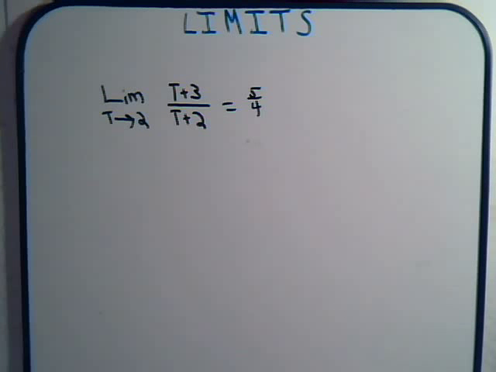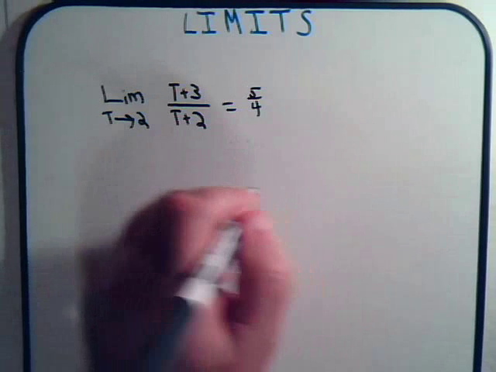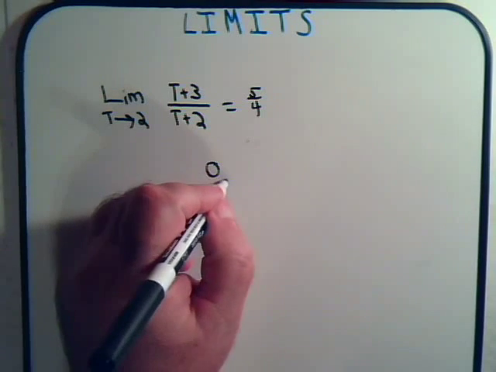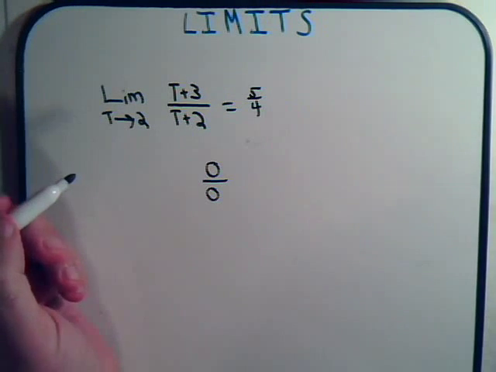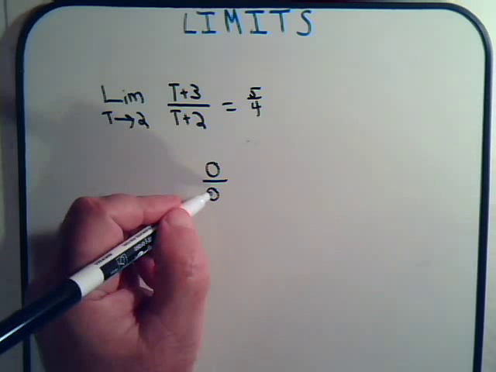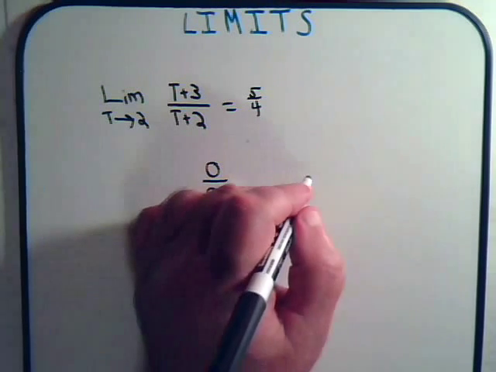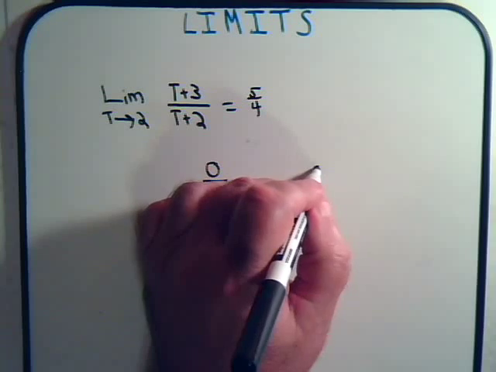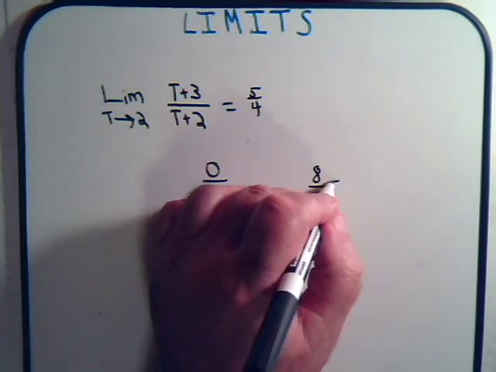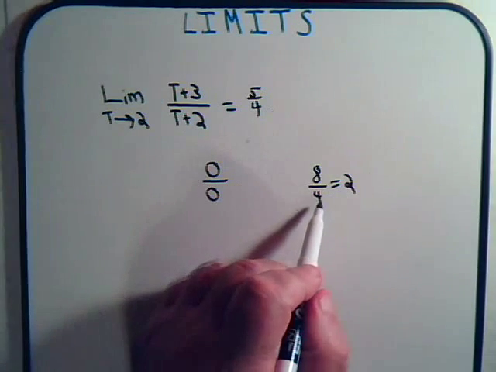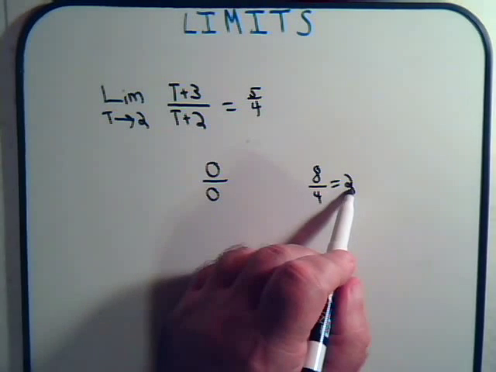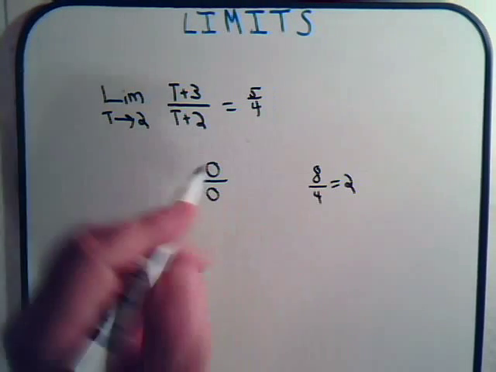In fact, many times you will get an answer of 0 over 0. And that does not necessarily equal 0. Remember, if you have, say, 8 divided by 4 equals 2, the denominator times this is equal to the numerator here.